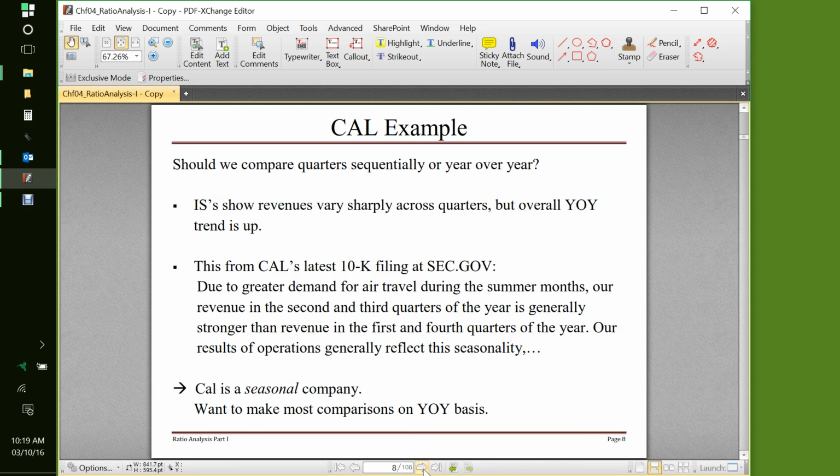So one question with Continental is, should we compare our quarters sequentially or year over year?